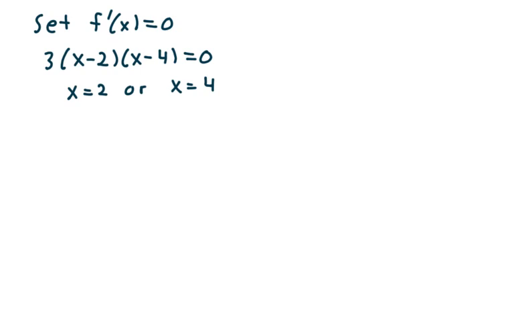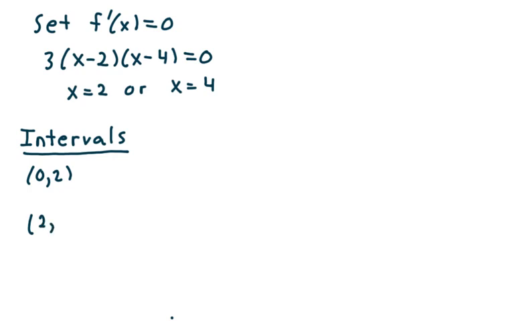Now, from here, we can set up intervals. Our intervals will be from 0 to 2, from 2 to 4, and from 4 to 5, like so. Now, what do we want to test?